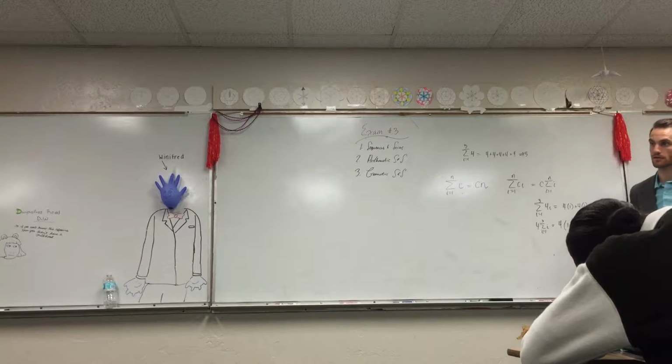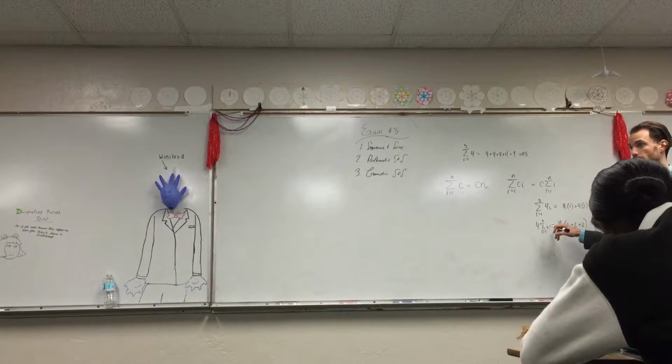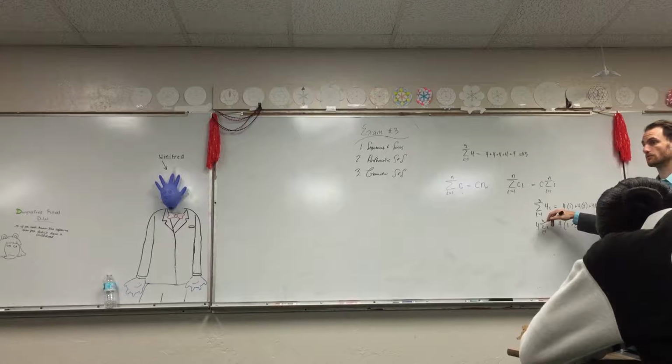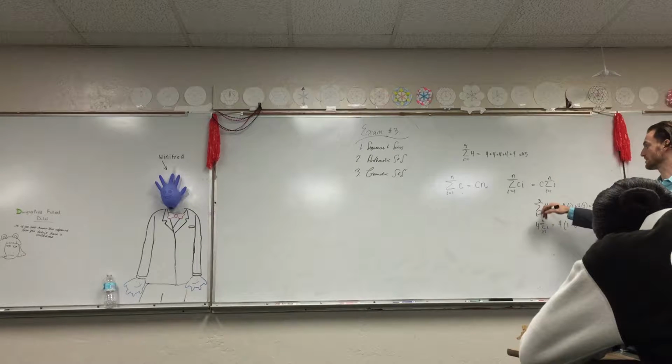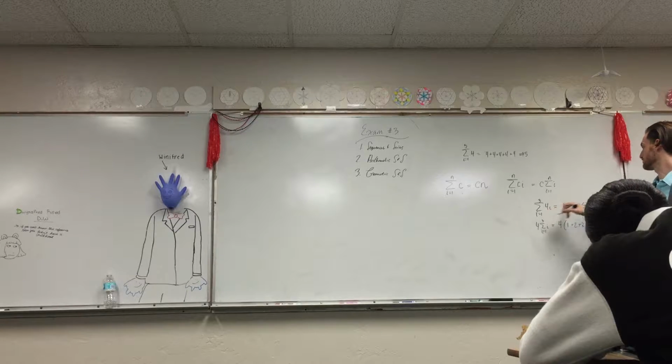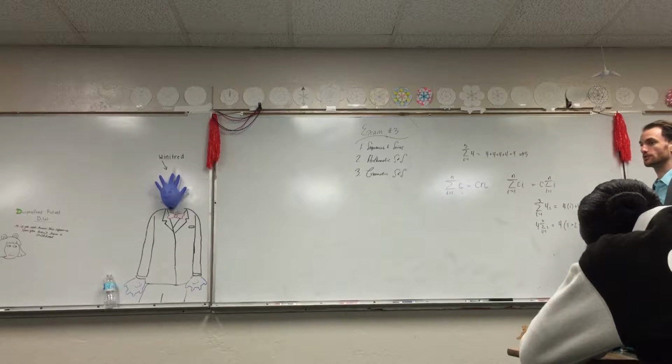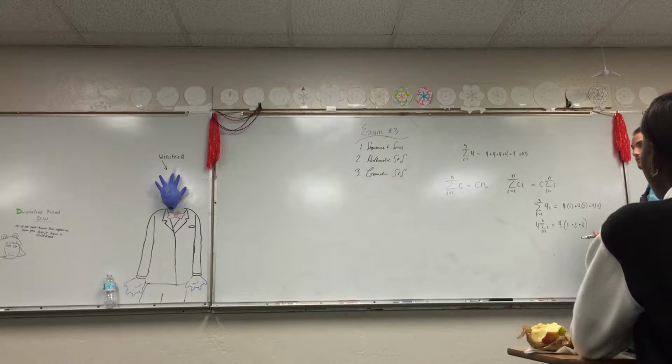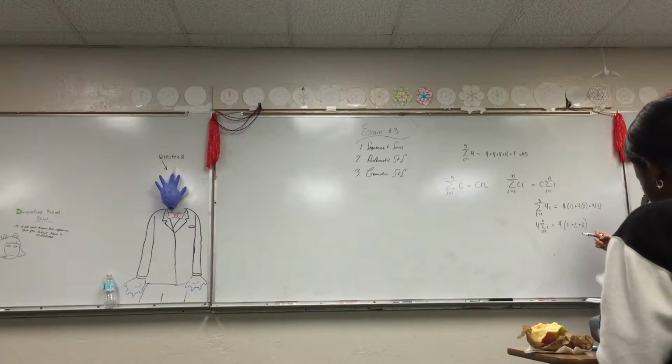Does that make sense? We're getting 1, 2, and 3 because I'm just counting up from i equals 1 to 3, right? i is changing. At first i is 1, so it's 4 times 1, then i is 2, so it's 4 times 2, then i is 3, so it's 4 times 3.